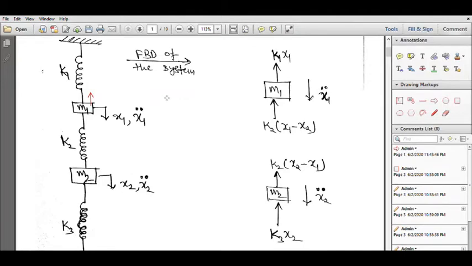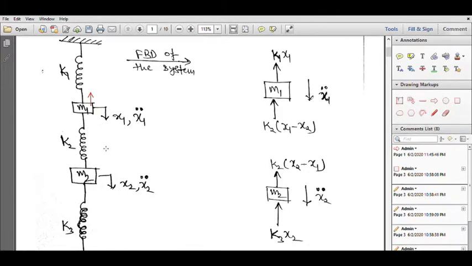Now when the mass m1 moves in downward direction, the spring K2 will also feel a restoring force. The magnitude of this restoring force will be K2 into the net deformation of the spring K2.